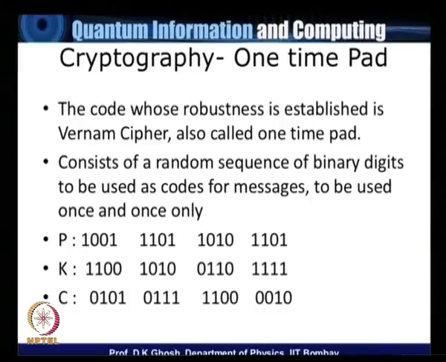Now the cipher code is simply addition modulo 2 of P and K. You can see this here: 1 plus 0 is 1, 0 plus 0 is 0, 0 plus 1 is 1, 1 plus 1 is 0. So this is the plain text, this is the key of which both sender and receiver have a copy, and this is C, the coded or cipher message which is sent over a public channel.